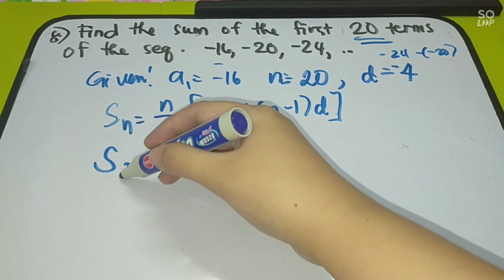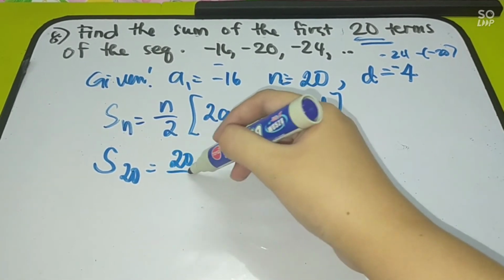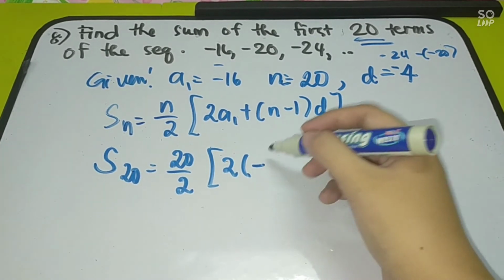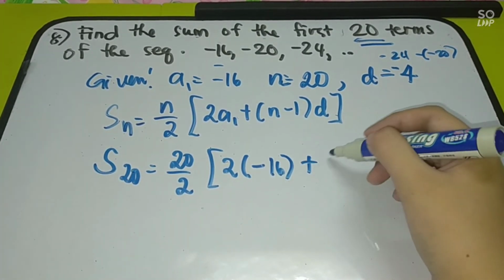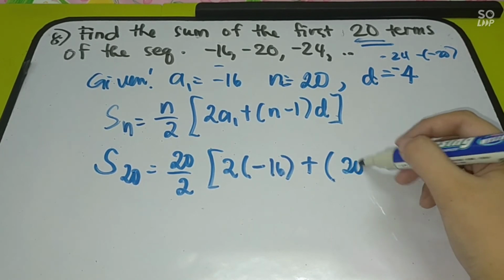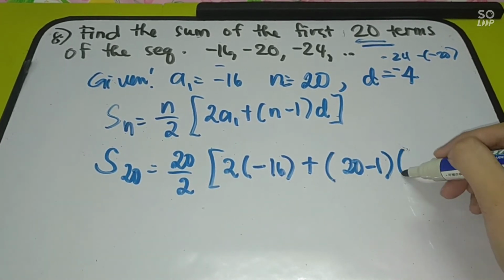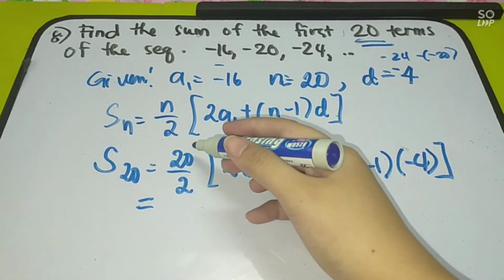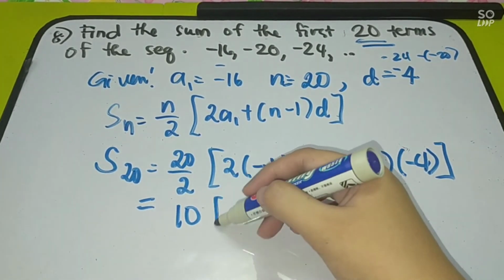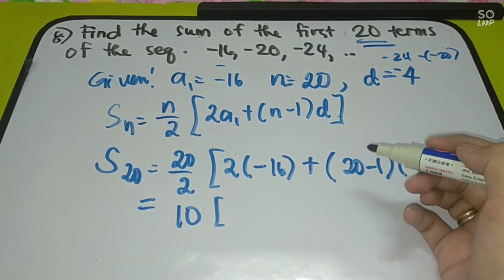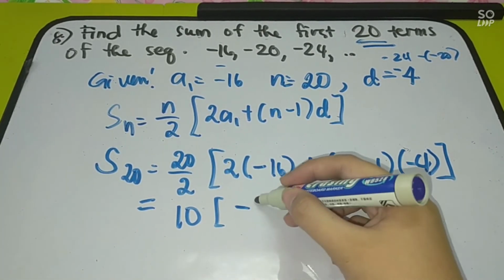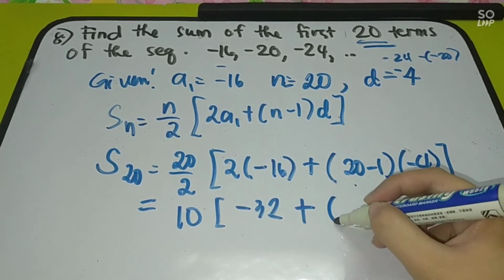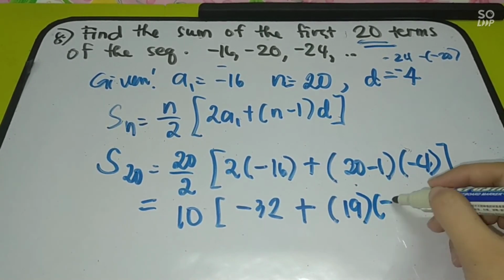So, S sub, what is your n? Ang n natin ay 20 terms. So, 20 divided by 2 times, ang first term natin ay negative 16 plus quantity, ang n natin ay 20 minus 1 times, ang d natin ay negative 4. So, it is equal to 20 divided by 2, that is 10. Then, 2 times negative 16, that is negative 32, plus 20 minus 1, that is 19, times negative 4.